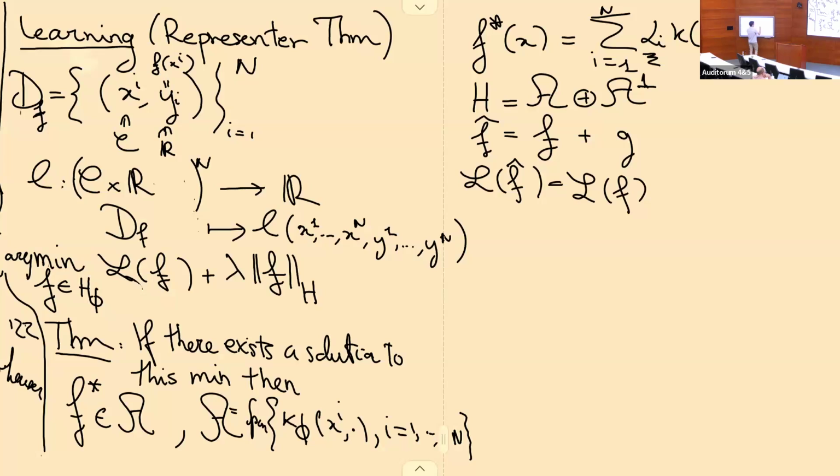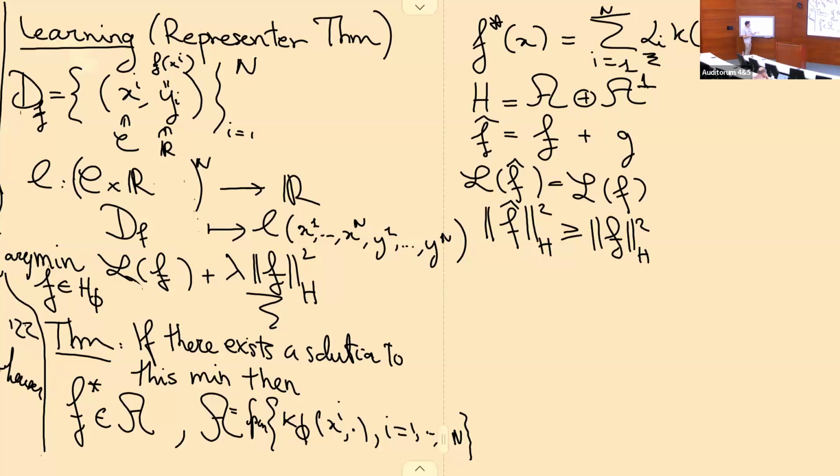And then the second step is that if you look at the second part here, which is squared, the RKHS norm of f hat squared is always bigger than the RKHS norm of f, because you're always adding a bit to it, right? So adding an element of the orthogonal complement always makes this optimization worse.